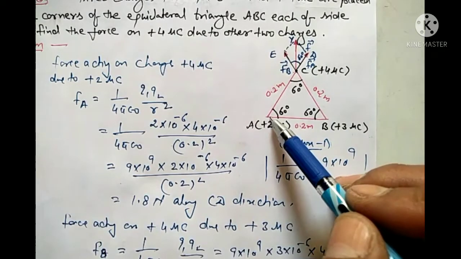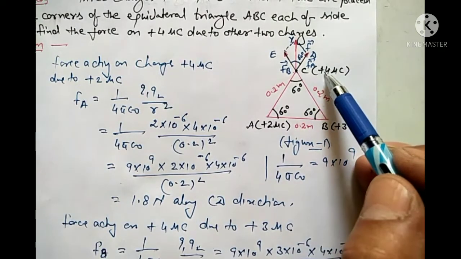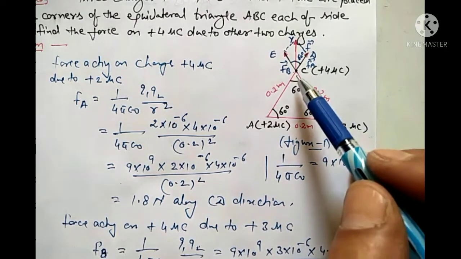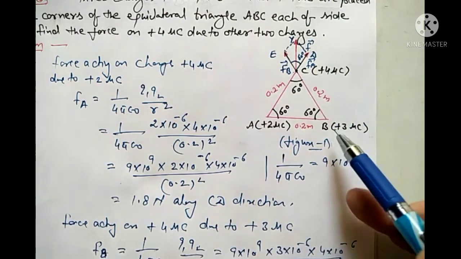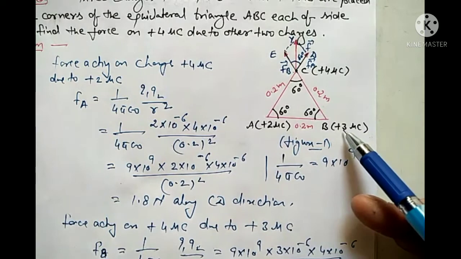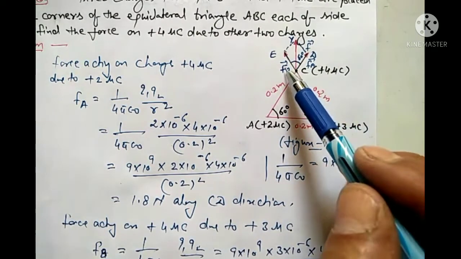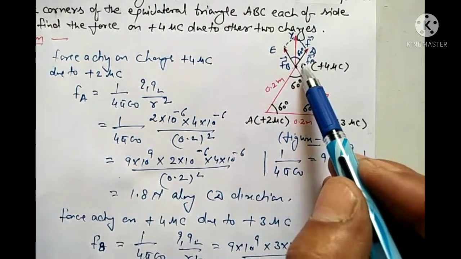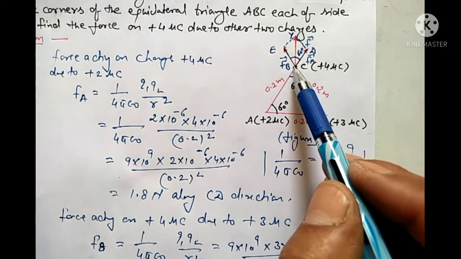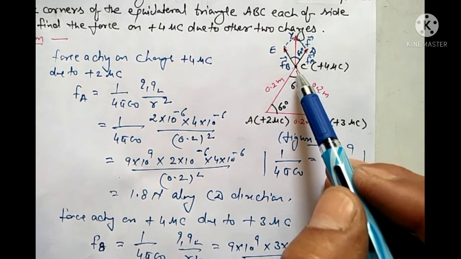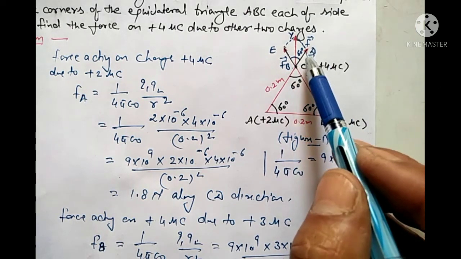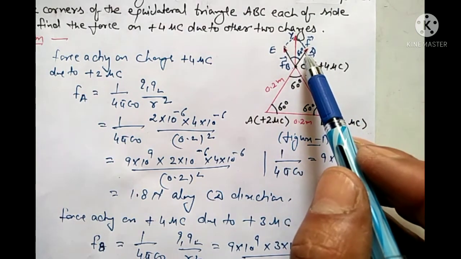The force exerted by this plus 2 microcoulomb charge on this plus 4 microcoulomb charge is Fa, and the force exerted by the plus 3 microcoulomb charge on the plus 4 microcoulomb charge is Fb. The resultant of forces Fa and Fb is given by F, and this is the parallelogram.